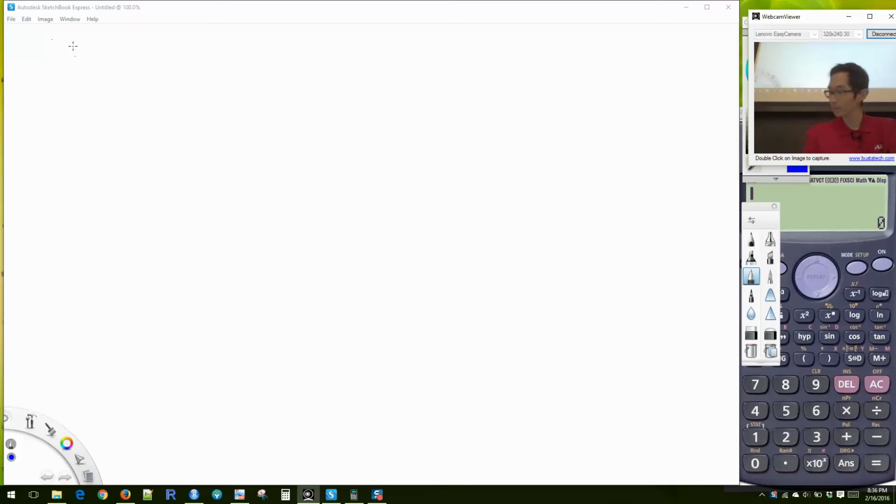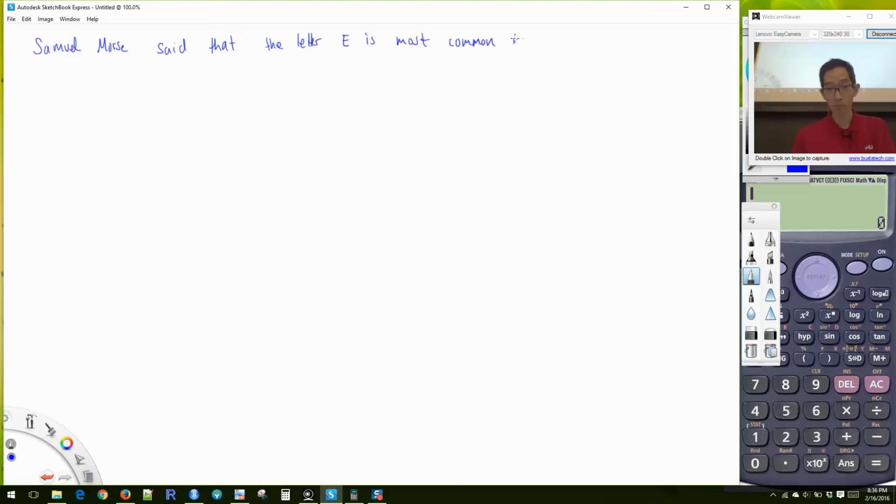It says Samuel Morse, inventor of Morse code, hypothesized, made a claim that the letter E is the most common letter in English, and it accounts for 12% of the letters used.